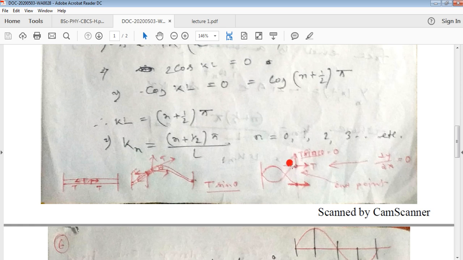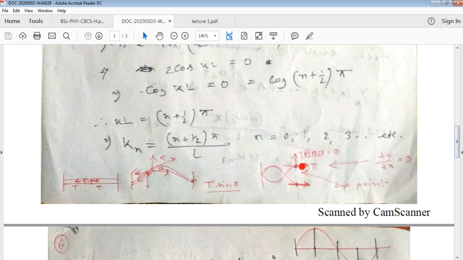Here at the extremum the slope is 0, so the y component of T is 0. So to have the end free from any transverse force, the x equal to L end must lie at one of the extremums, either here or here.